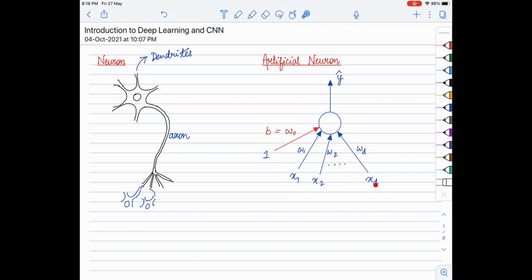If it's 10-dimensional information, it will have x1, x2, x3 up till x10, and correspondingly you will have w1, w2, w3 up till w10. They could also be 100. We are putting a d here just to make this general enough so that it can receive any number of inputs.